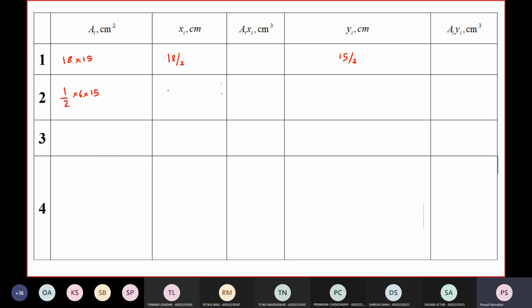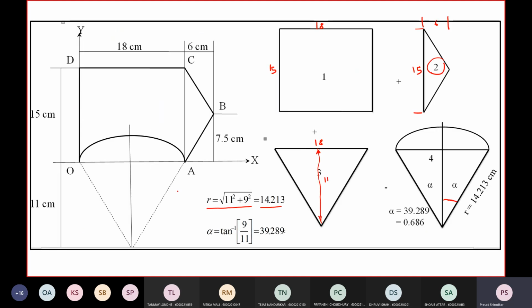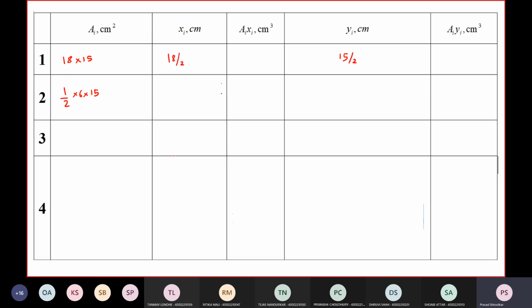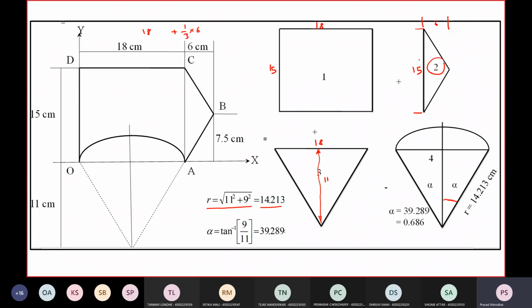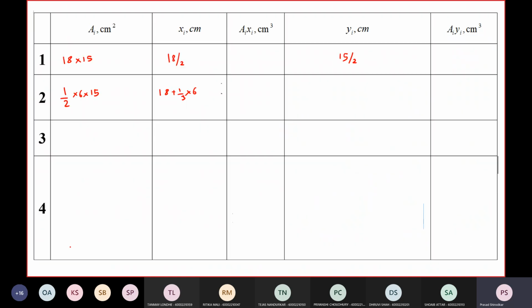And centroid is 1/3 of 6 plus this 18. So centroid is 18 plus 1 by 3 of 6. And yi is half of that. So this is your x-axis, so yi will be half of that, so that is 15 by 2.